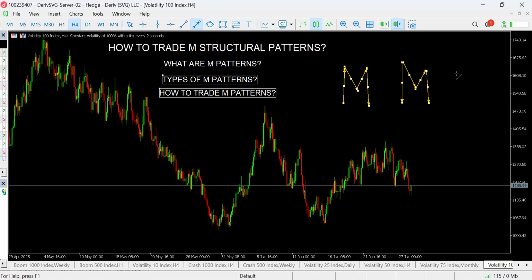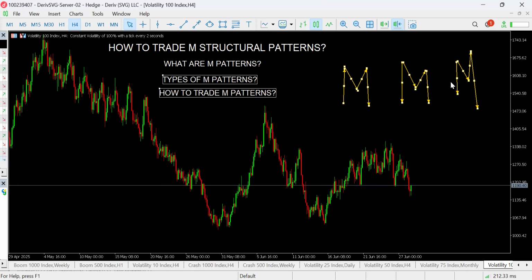And then the last formation is when we have the first high lower than the second top. So these are like the three formations of the M pattern.